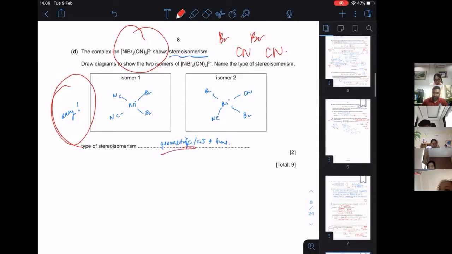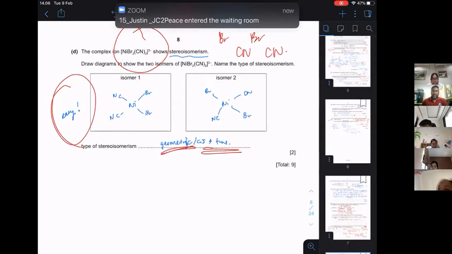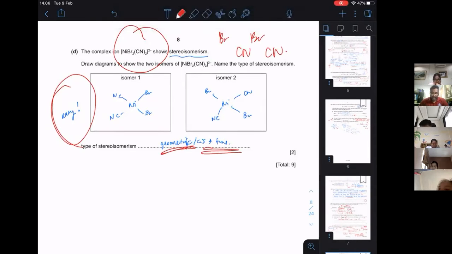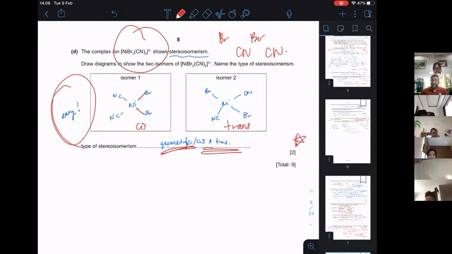You can say either geometric or cis and trans, so you can choose which one you want to select. But you need to put them properly. For example, if you put Br at the same side, side by side, then it is cis. If you put Br across, then it is trans. So 2 marks only.